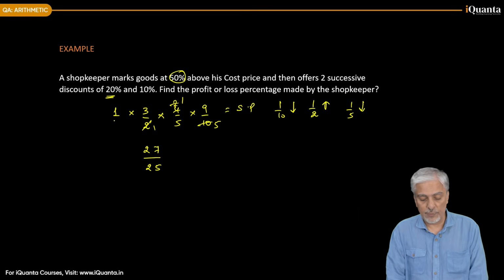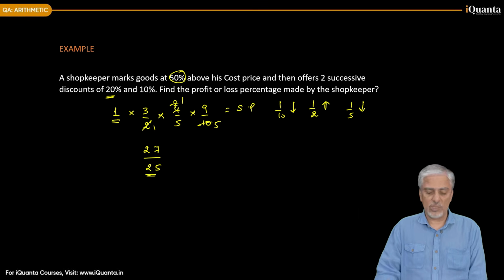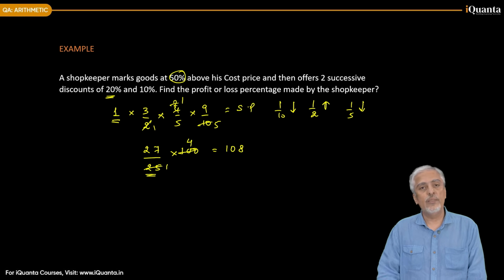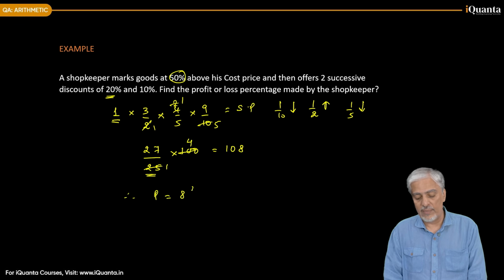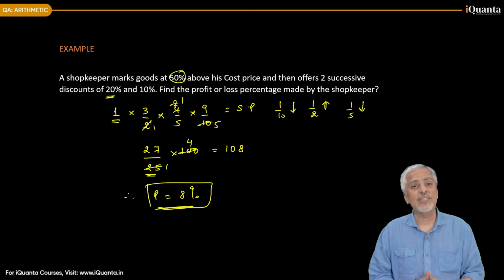So if the cost price was 1, my selling price is so much. If I assume the cost price is 100, my selling price will be this into 100, which comes out to be 108 rupees. 25 ones are 25, 25 fours are 100, 27 fours are 108. And therefore your profit will again be 8%. So all these different approaches can be used for this kind of question.